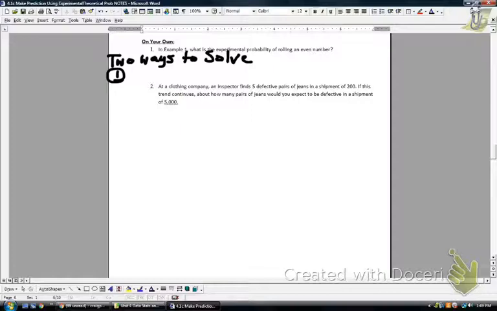All right, so it says example 1, what is the experimental probability of rolling an even number? Well, there's 2 ways to solve this. In example 1, we found out that it was 58% of rolling an odd. So one way to do it is just to take 100 minus 58 equals 42%. So I have a 42% chance of rolling an even number.